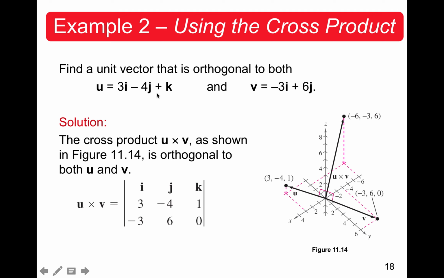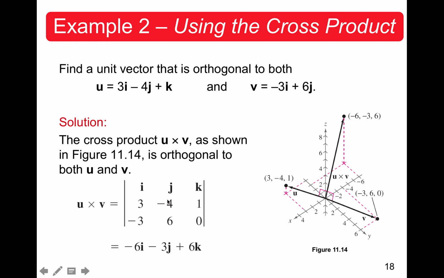We have 3, -4, 1 as our u vector, and we have -3, 6, and we have no k value, so that'd be 0. That's where those numbers are coming from. Here's a picture, so here's u and here's v, and this u cross v is, you can see, at a 90-degree angle to both of those individual vectors.